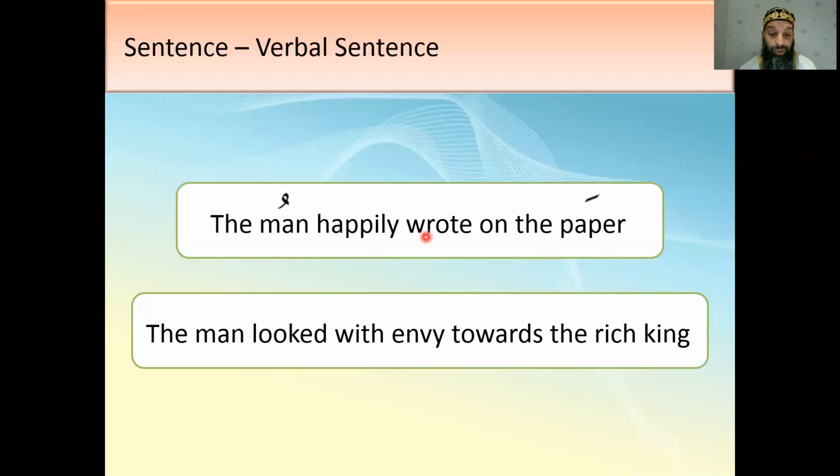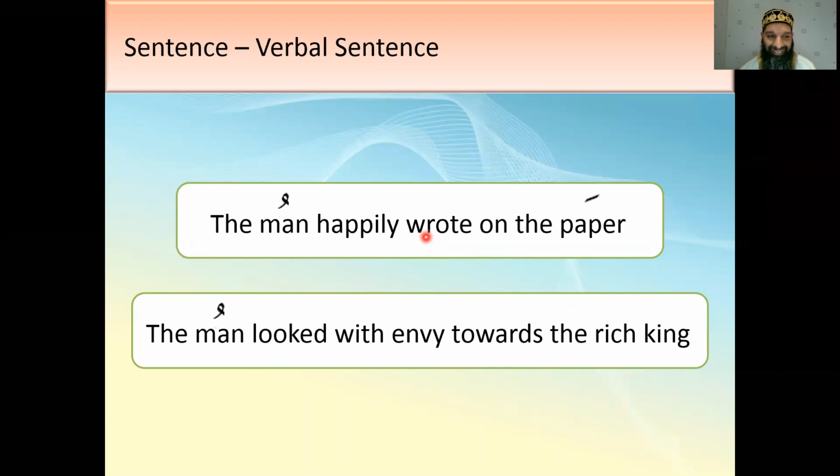So the man looked with envy towards the rich king. So where's the verb? Looked. Who did the looking? Look for the marfu in the Arabic, the man. So the man is going to be marfu. So where's the king?